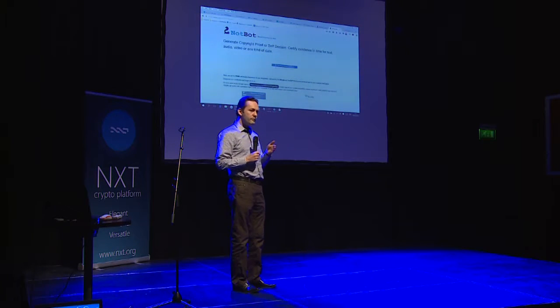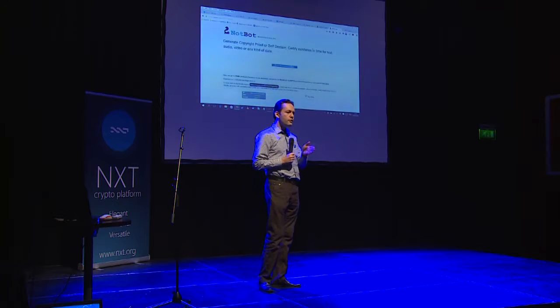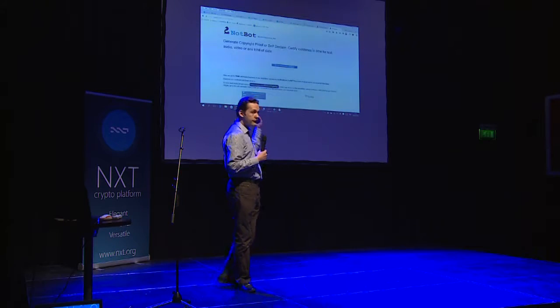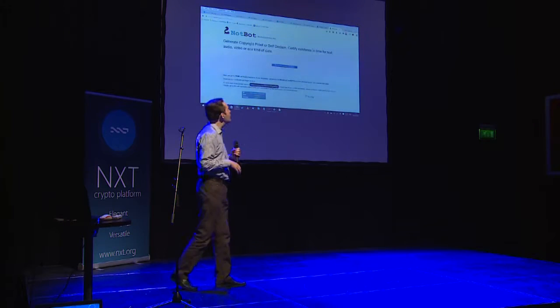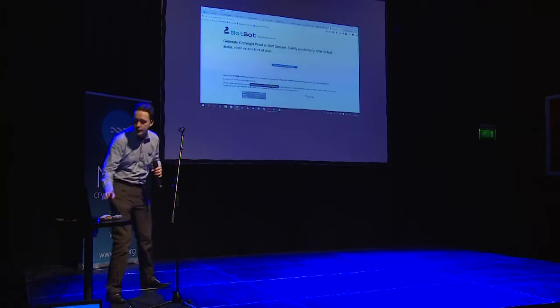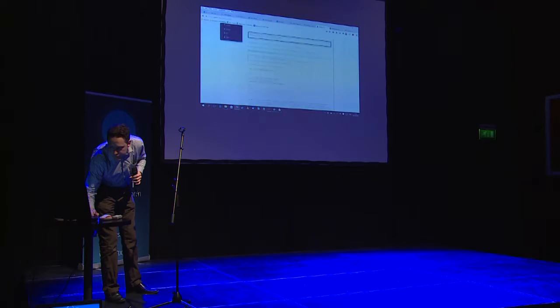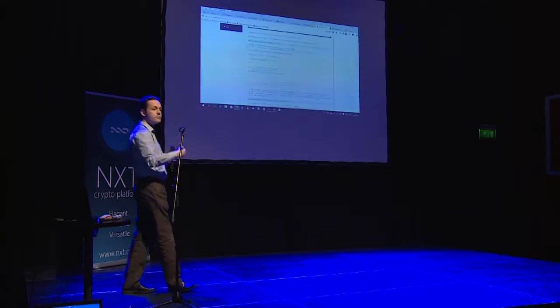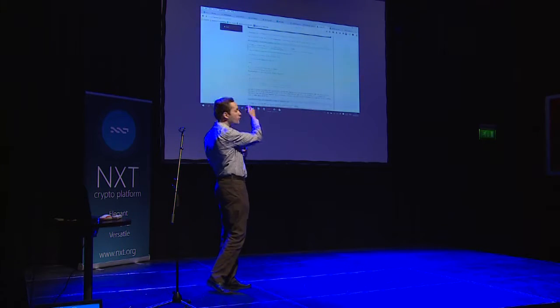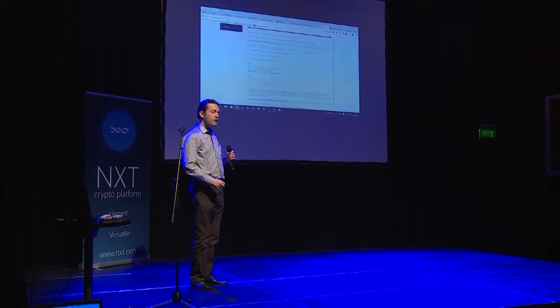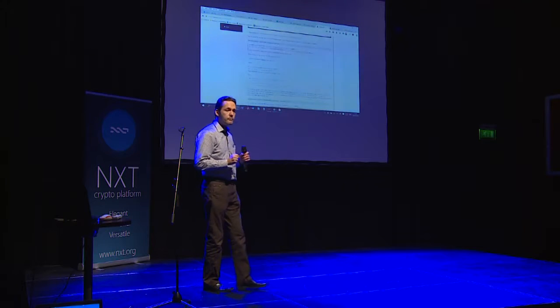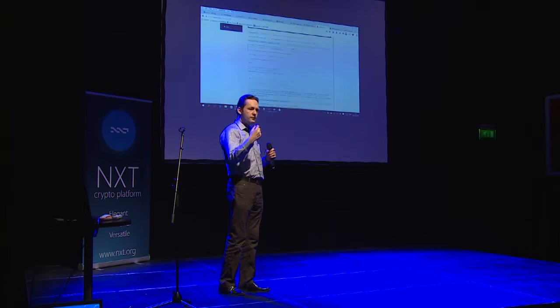So if I can prove that at this time this document was uploaded by me, I have a very strong proof of my copyright on this document. And it gives you a timestamp certificate: at this time, this document with this hash was put on the blockchain. It may also put it on the Bitcoin blockchain just as a redundancy.